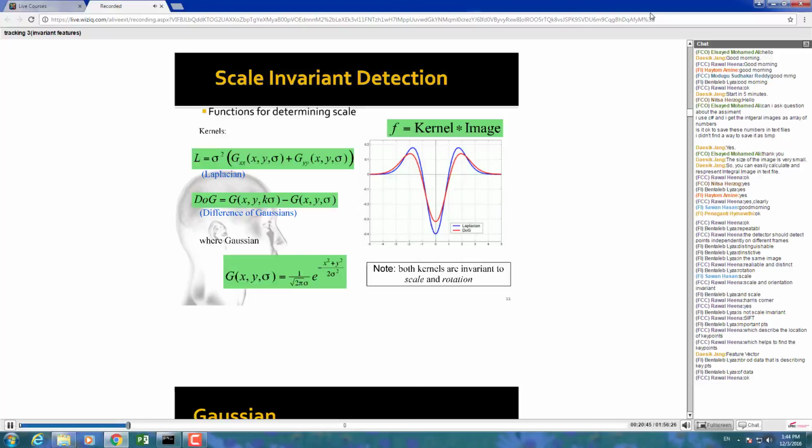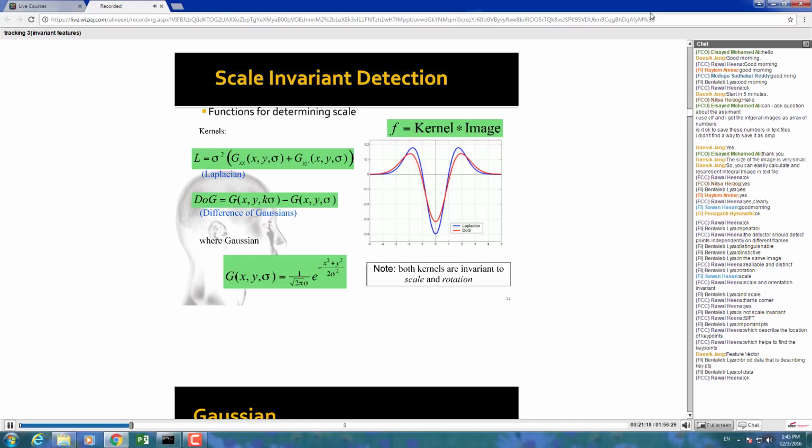So, let's discuss the detection. Now we have to detect key points. Again, key points means important points. Okay, so what is an important point? There may be many different definitions. In this case, the SIFT algorithm uses some kind of edge-based value to select key points.